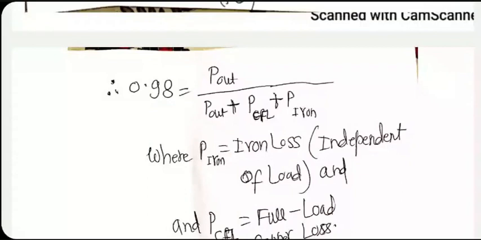Conservation of power. Output power divided by output plus loss power. That is also another way of putting the same thing. So 0.98, we are talking full load right now. At full load, 0.98 should be P out divided by P out plus P copper full load plus P iron, which is constant with load.